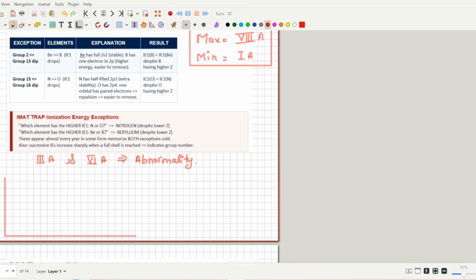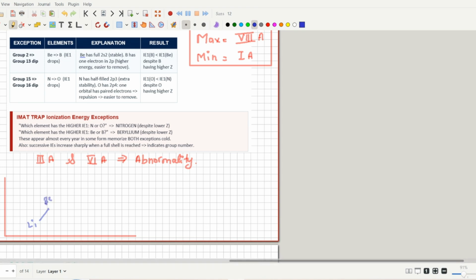The first thing that we'll put in this graph is the elements. Let's start with lithium, the first element. Then you have beryllium. The ionization energy should be increasing. This is a graph for ionization energy. Then the graph should go up, but the graph goes down for boron, and then it goes above again. Then you have carbon, and it goes above again.